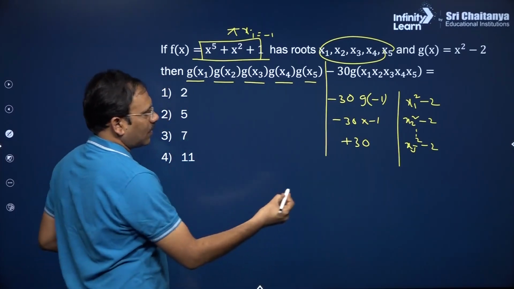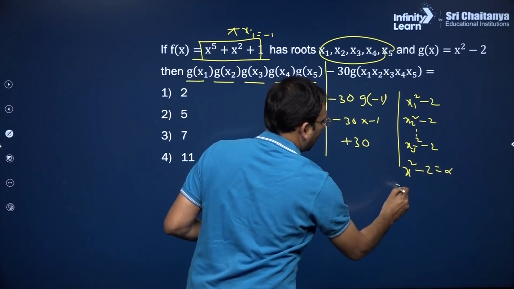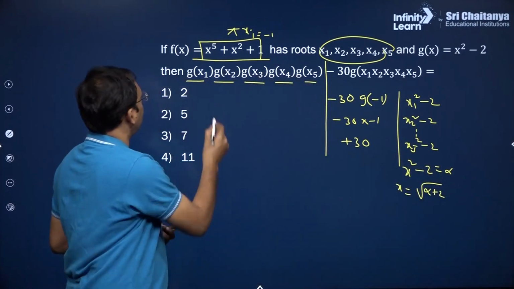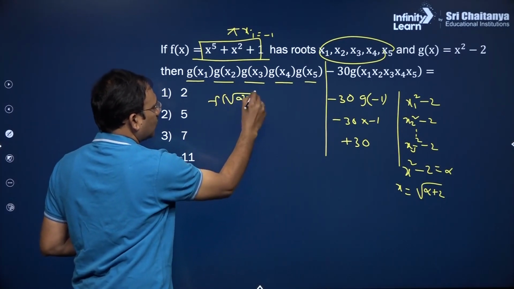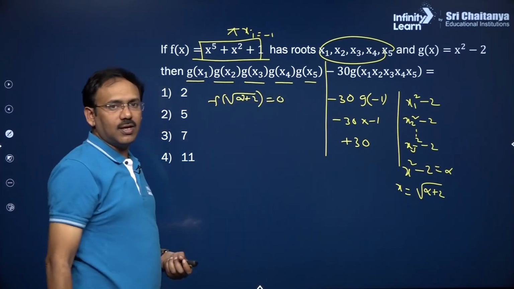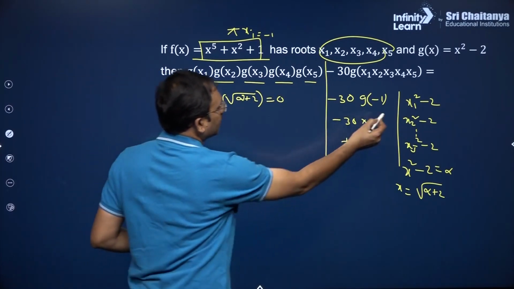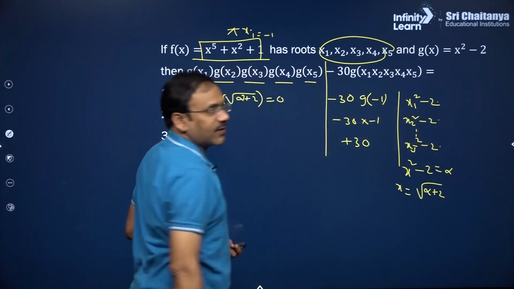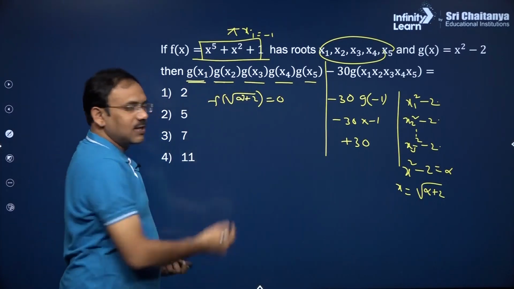If x square minus 2 is equal to alpha, x will become root of alpha plus 2. So you just find f of root of alpha plus 2 as a polynomial that will have the roots x1 square minus 2, which we call g of x1, g of x2, g of x5. So prepare an equation whose roots are these 5 numbers.